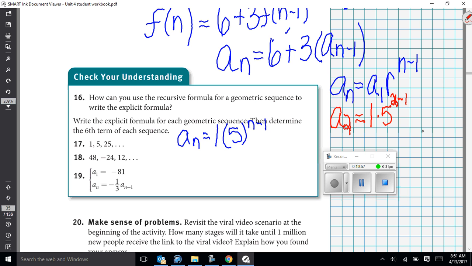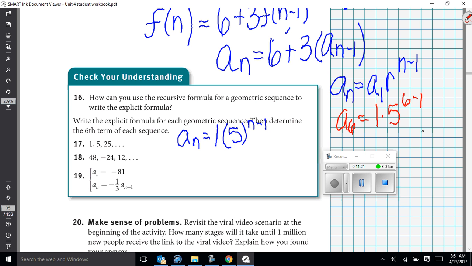So the question says, what's the sixth term of the pattern? So we're going to put 6 in for n. My words aren't working with me today. All right, so 6 minus 1 is 5.